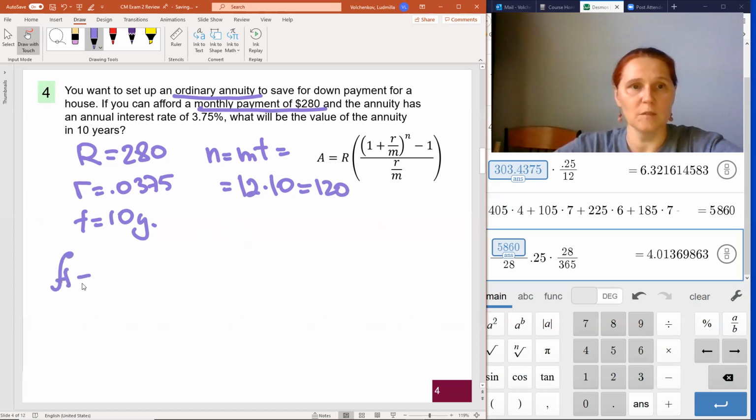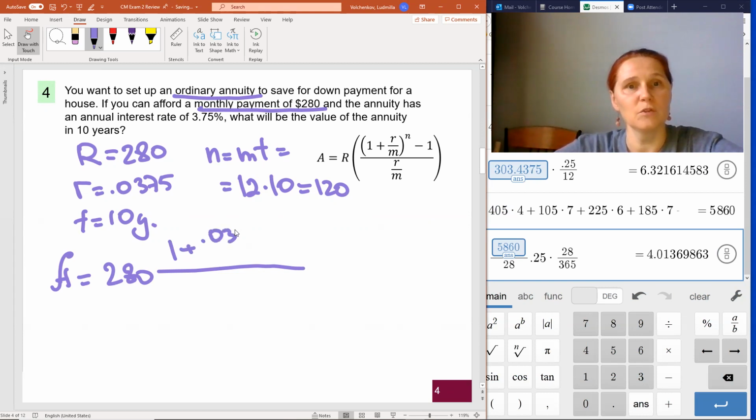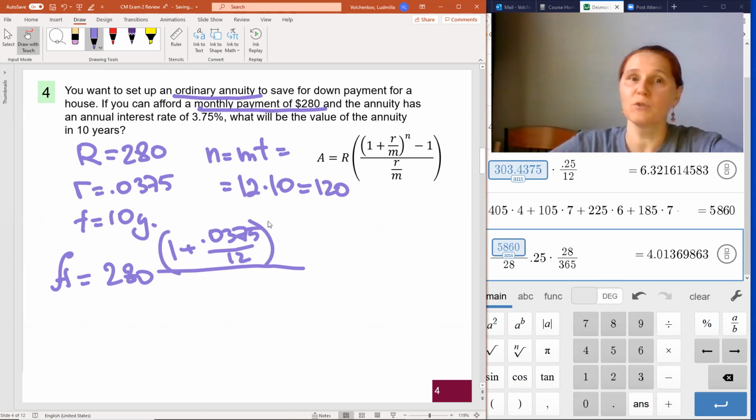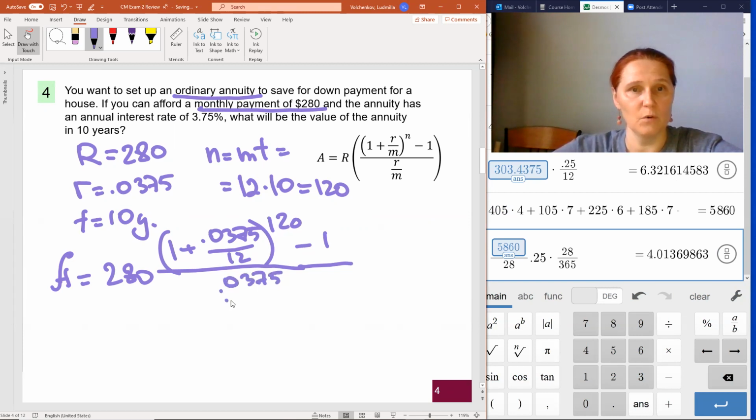And so we substitute this in the formula: 280 multiplied by such a long fraction, 1 plus 0.0375 over 12, raised to the power 120 minus 1, don't forget this one, and divided by again 0.0375 over 12.